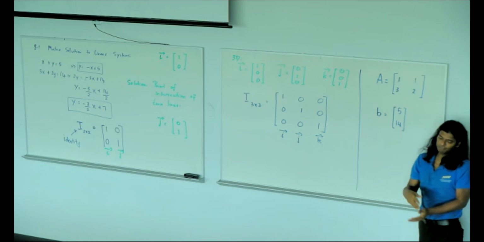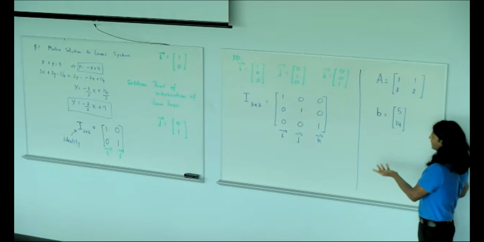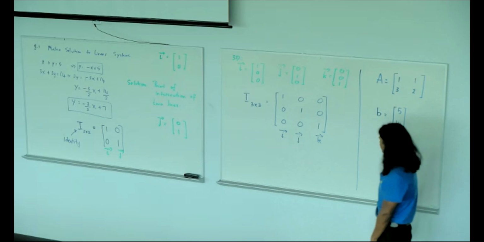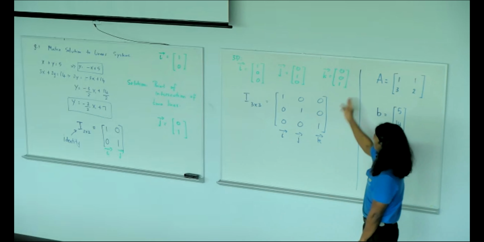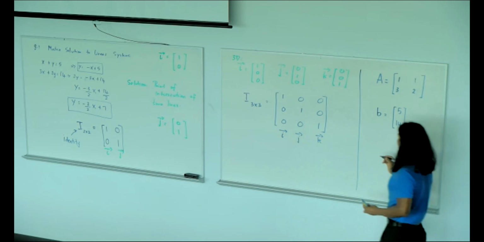Don't like to write them as row vectors, even though there are uses. But in practice, we always use column vectors. Good? So I've got the x part, I've got the b part. Now I want the x vector.